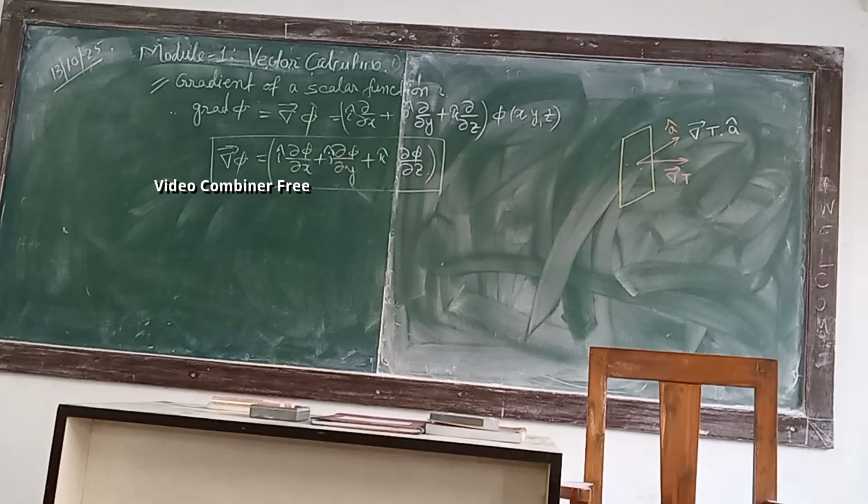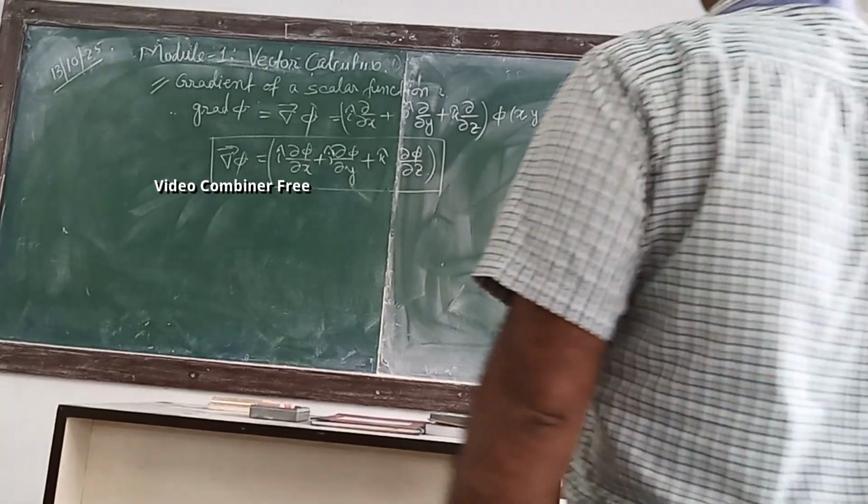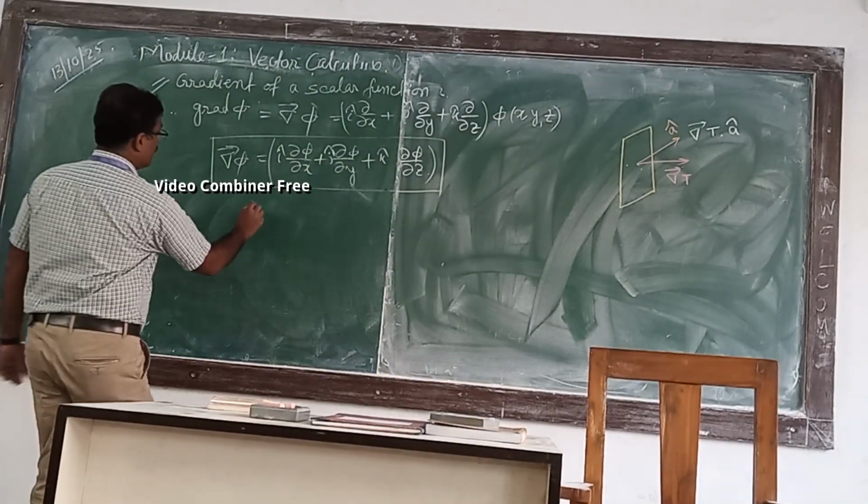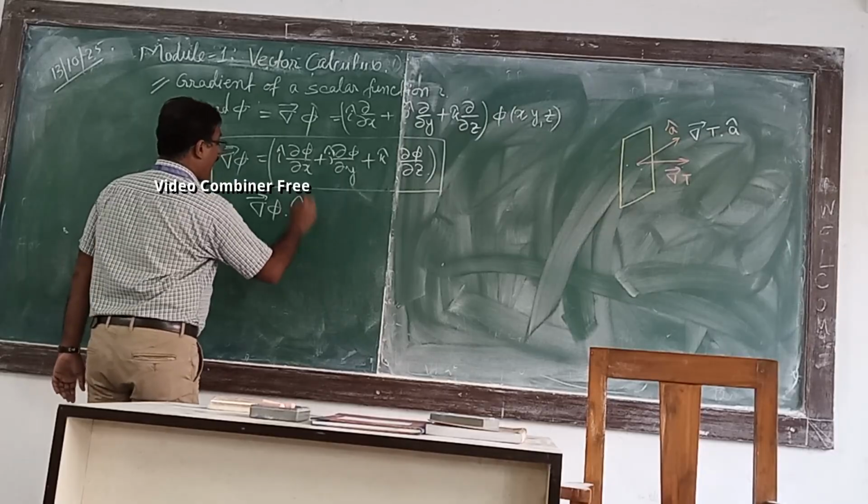The component of grad phi, where phi is any scalar quantity, in the direction of a unit vector A cap is given by grad phi dot A cap.